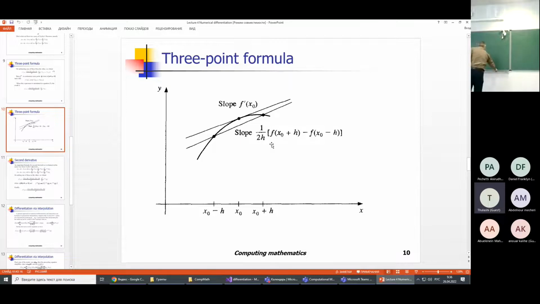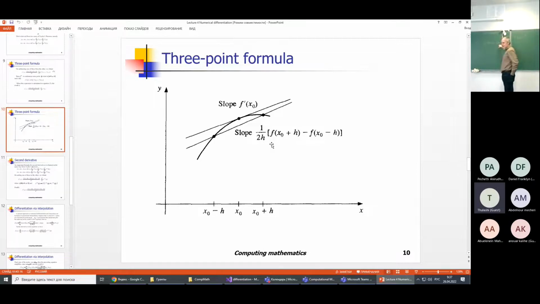It's written here that the derivative, the slope of the tangent line, equals 1 over 2h times f of x0 plus h minus f of x0 minus h, and there is one hidden term, the value of the function at the point x0 with coefficient 0, plus 0 times f of x0.